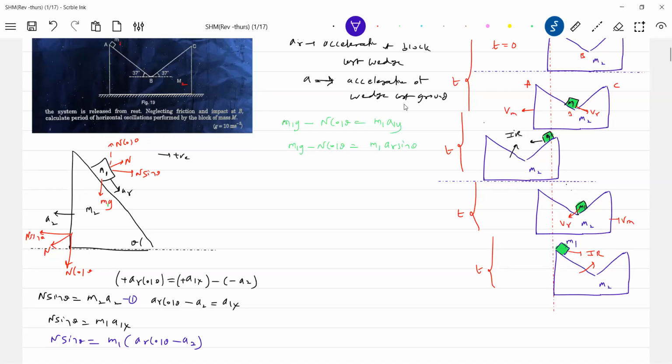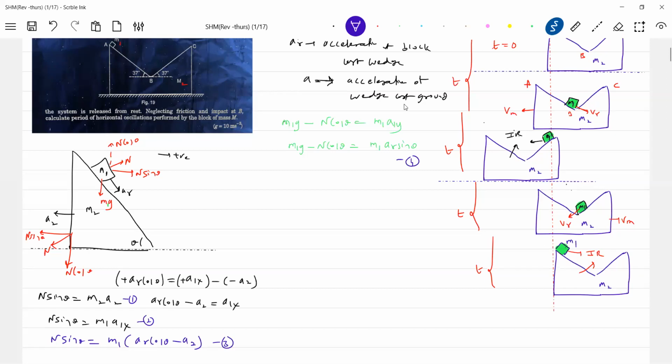Solving, let me call these equations 1, 2, and 3. How many unknowns are there? We have unknowns AR, N, and A2. And equating these two equations we'll get the relation between A2 and A1x also.